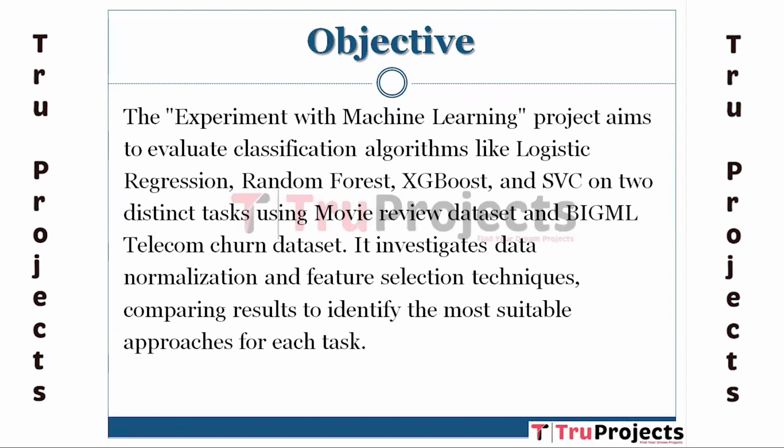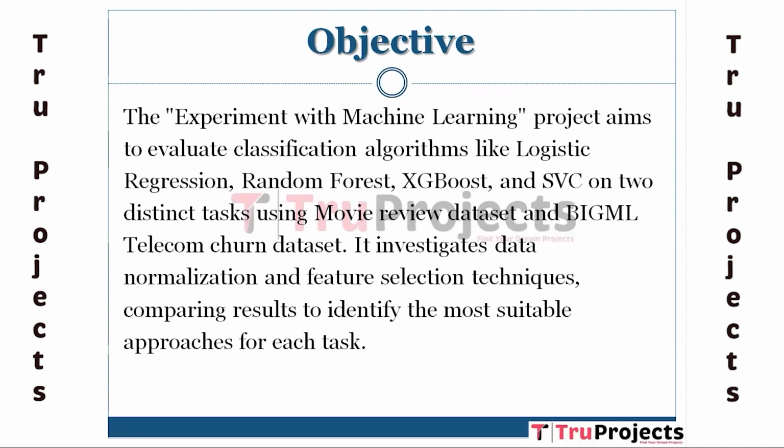Objective. The objective of this project is to apply and evaluate the performance of different classification algorithms including logistic regression, random forest, XGBoost, and support vector machine on two distinct tasks. The first task involves sentiment prediction using the movie review dataset, employing logistic regression with parameter tuning.